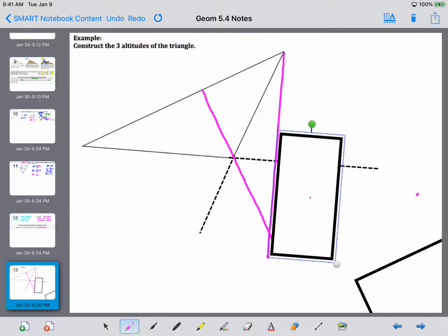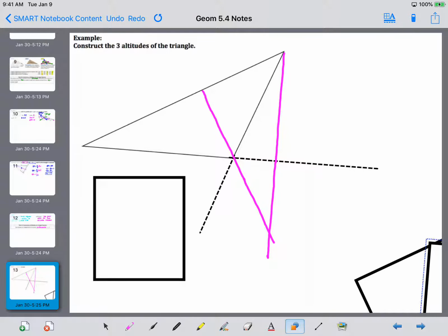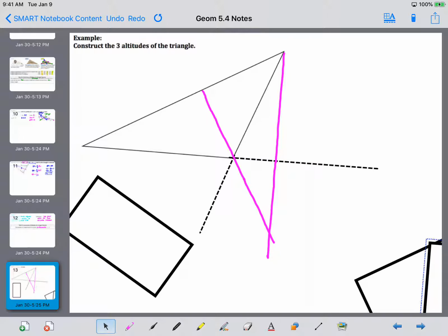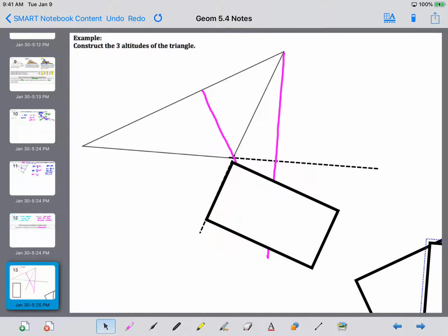All right. And then lastly, let's erase that. I'm going to just keep making new note cards because it doesn't want to cooperate with me very well. All right. And then for this third side, okay, so we got one more side here to do this with.